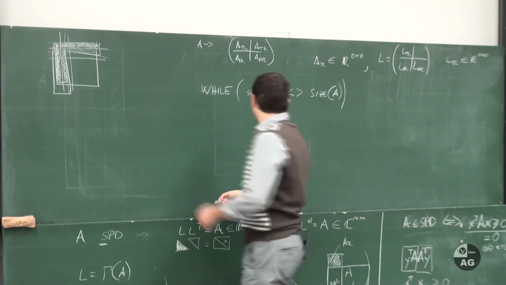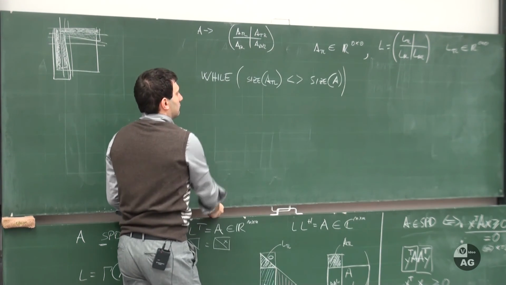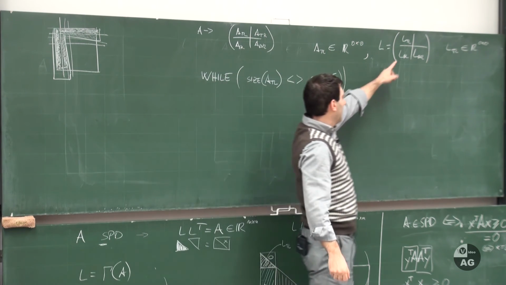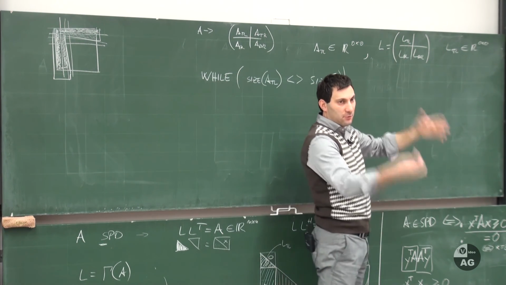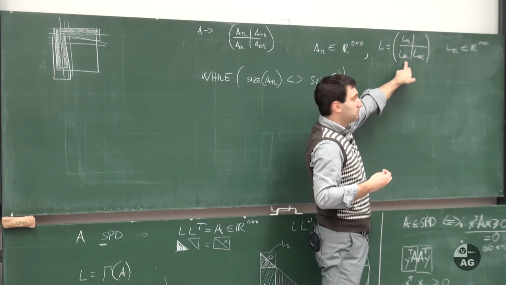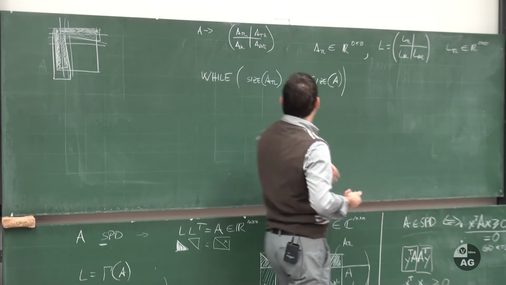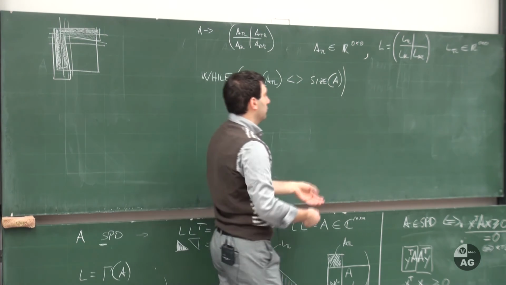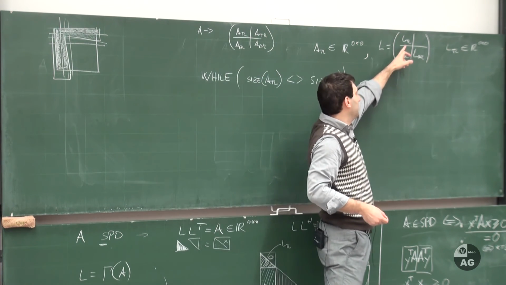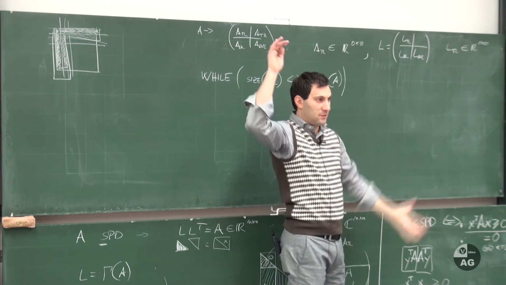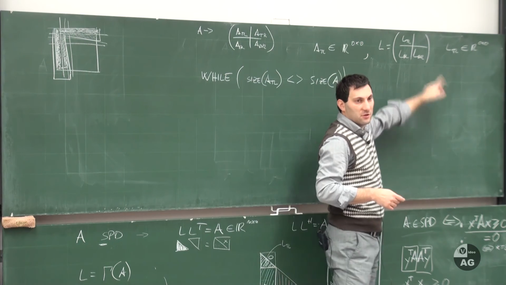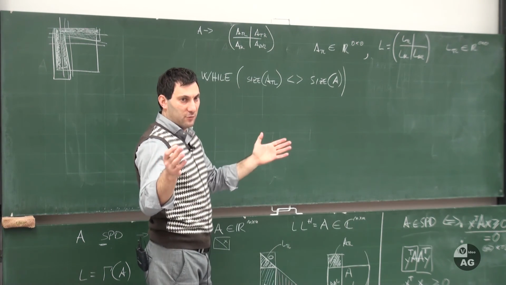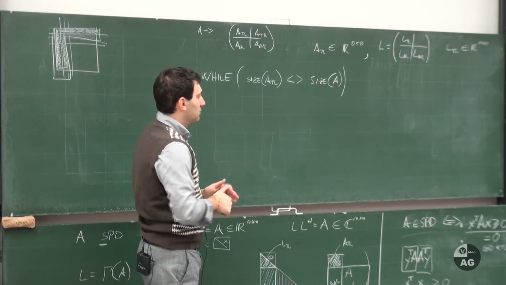So, let me rephrase. L top left contains what we have computed so far, as well as L bottom left. And A bottom right is what we still need to compute. And what we want to do is to make L top left grow as much as the whole matrix L. At that point, L top left will be the full matrix L, which means it will contain our solution.